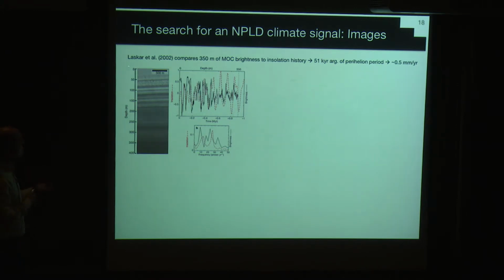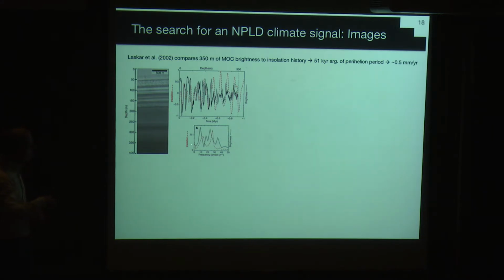So the first of these was Laskar et al. in 2002, who compared a 350-meter profile of MOC brightness to the insolation history. You can see the MOC image here, and here you have the brightness profile that he's overplotted over the insolation, to compare peaks.